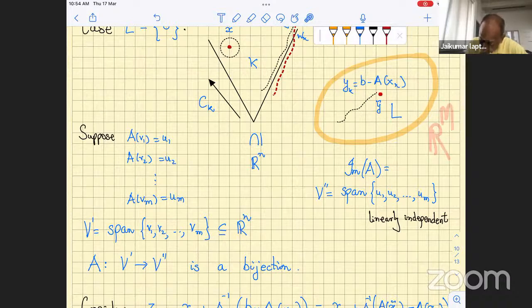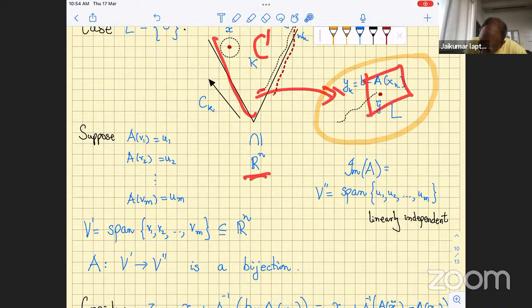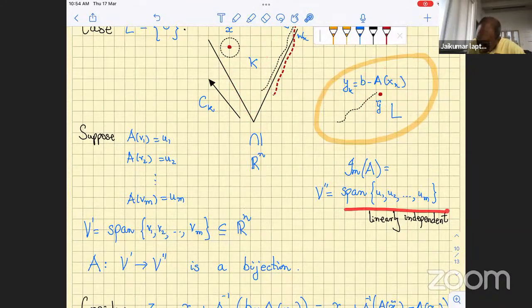Inside that, there is this little point, and if you take Rn and map it, A maps it to a little subspace around zero. Let us say that it has dimension m, and let us call that subspace V double prime.